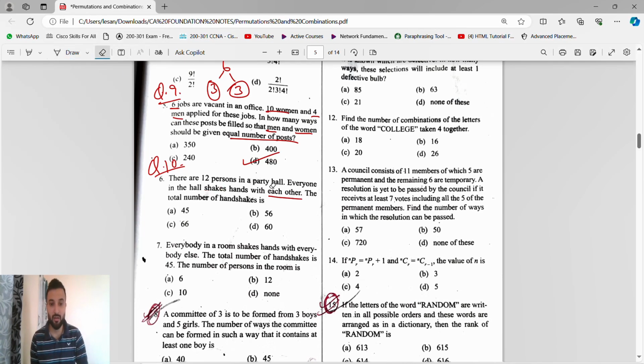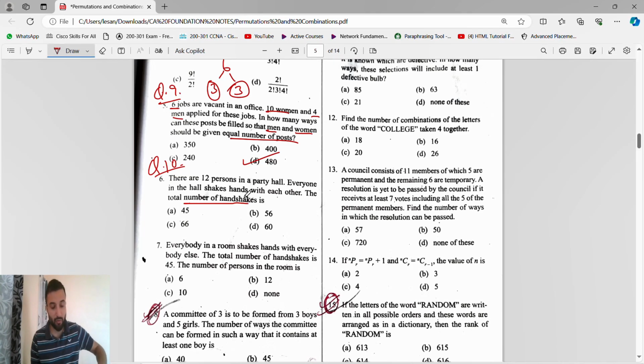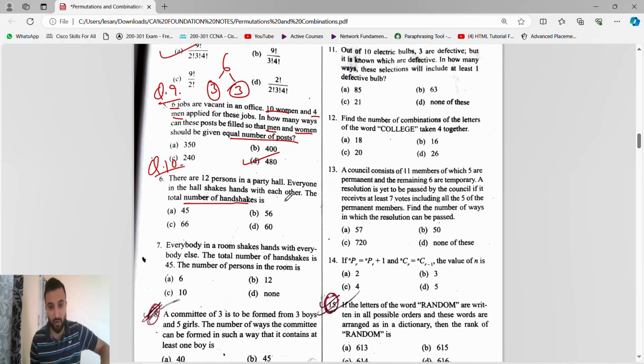This is a very important thing that you have to remember: the number of handshakes. Whenever a question comes on handshakes, we have one formula for handshake. The handshake formula is NC2. If they ask you to find the total number of handshakes, we have a formula for that, NC2.